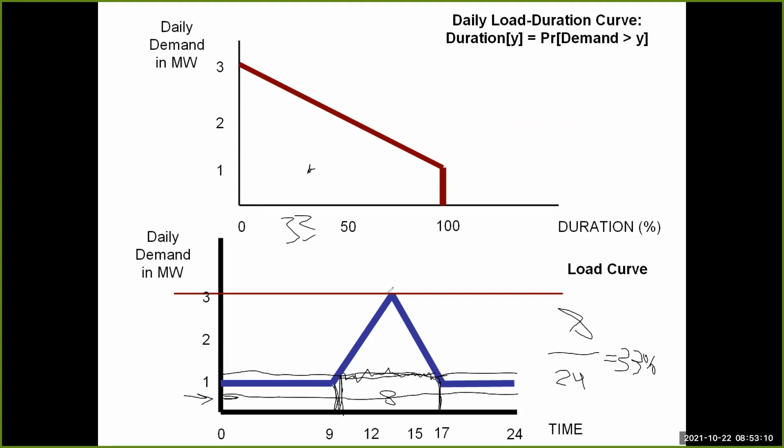And then it goes very smoothly to this gray point. This is true, because if we are below 3, then we have a very small percentage of hours where the demand is higher than 2.9. But once we are at 3 or higher, we're at 0.